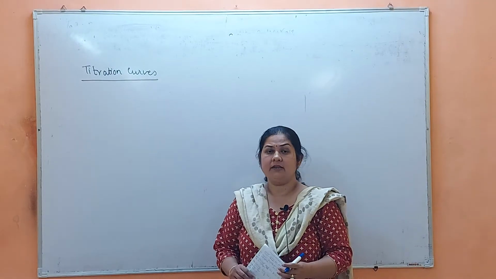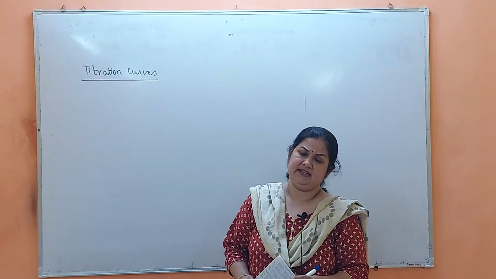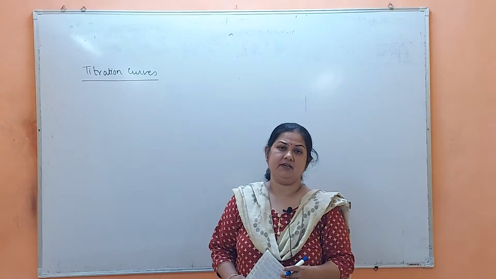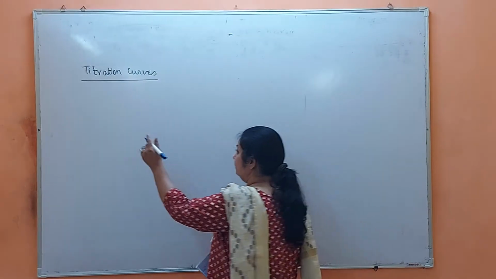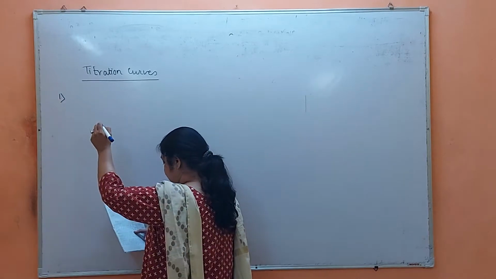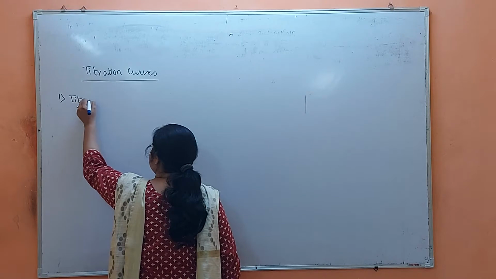Now, depending upon the types of acid, that is whether it is a strong acid or strong base, weak acid or weak base, we have basically 4 types of titration curves. First one is titration of a strong acid with strong base.